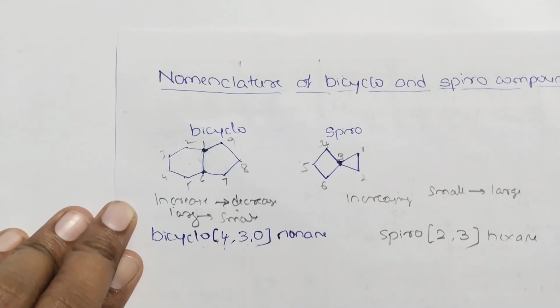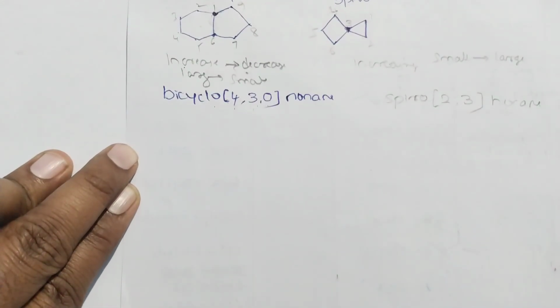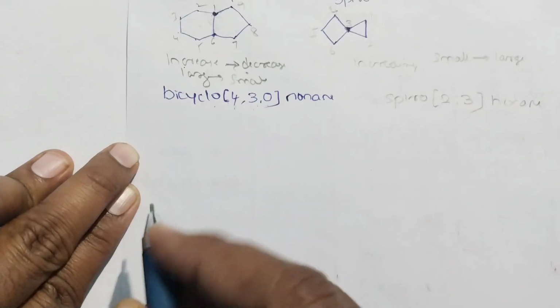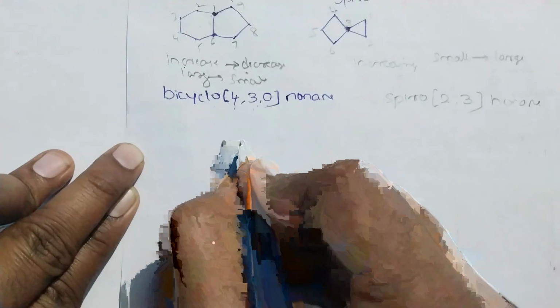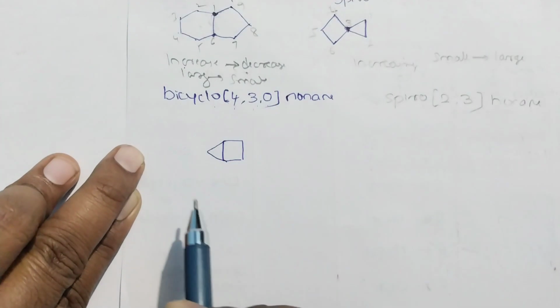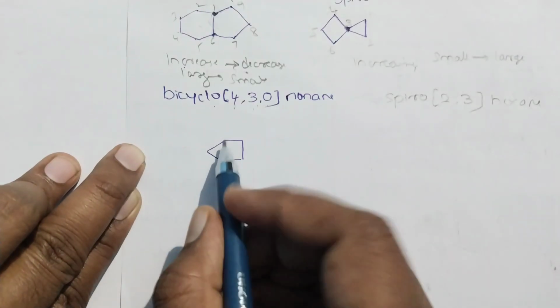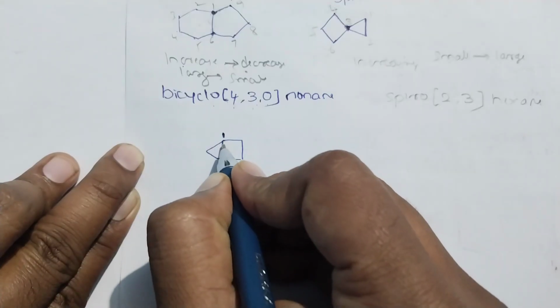Like this, you have to give the name to the Bicyclo and Spiro compound. Let's discuss one more example in the Bicyclo. See here, again larger to smaller, you have to give the number to the bridged carbon atoms.